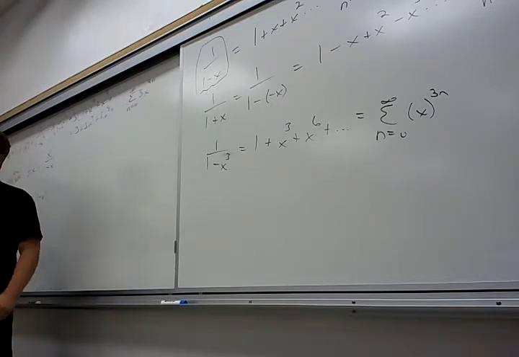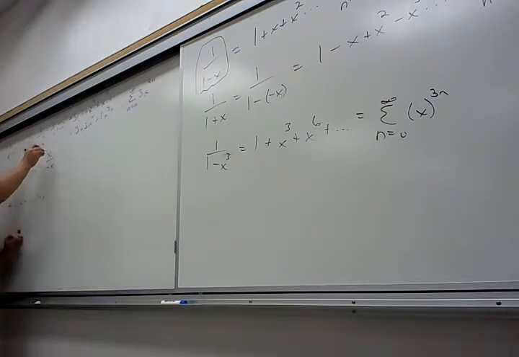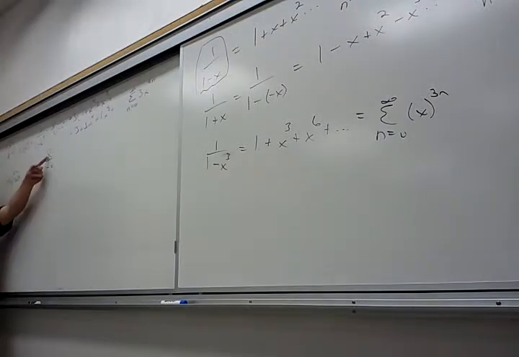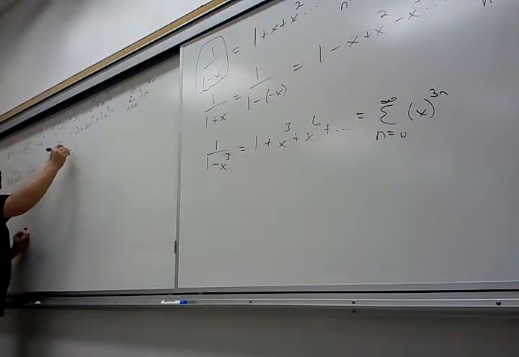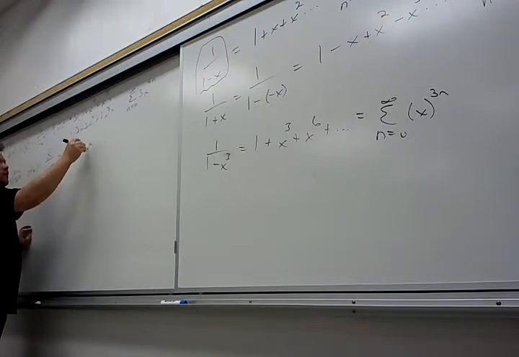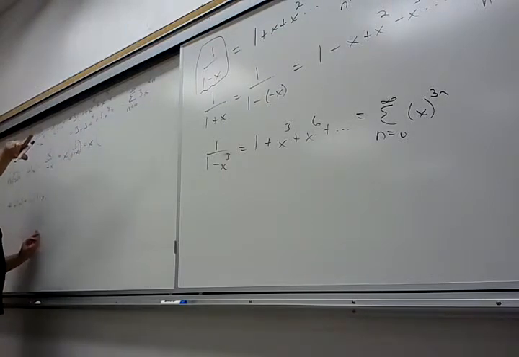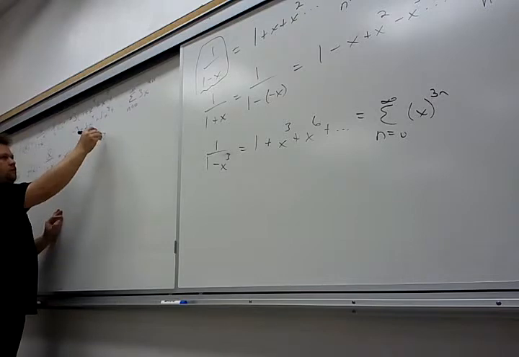N. So according to the series, what's x? Constant. For any given value of x, all this is some number, right? So this one works the same way as that one. Same exact way. I can look at this as x times 1 over 1 minus x. And 1 over 1 minus x is the first thing we're working with.